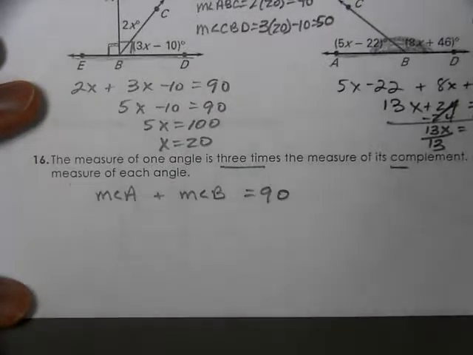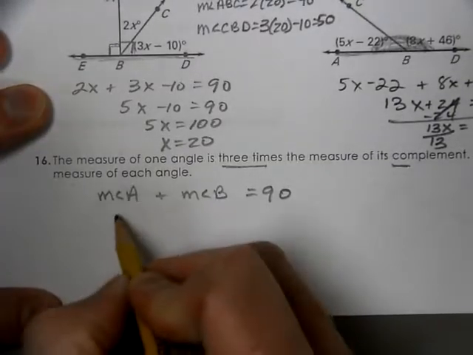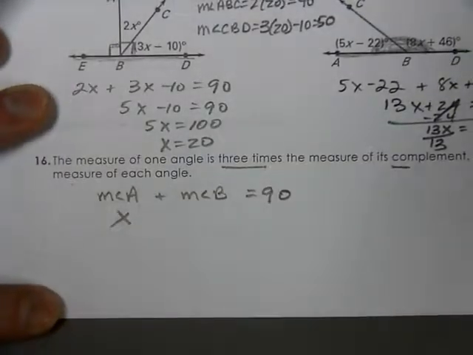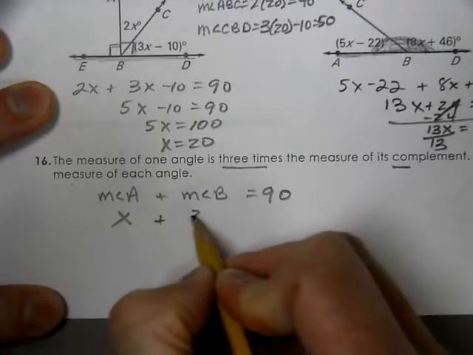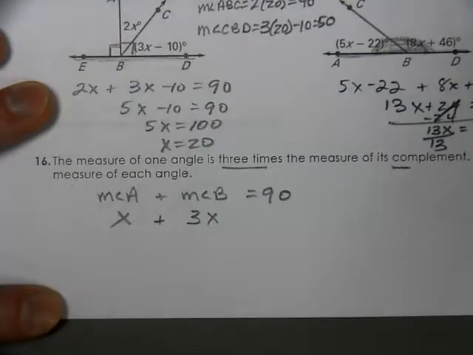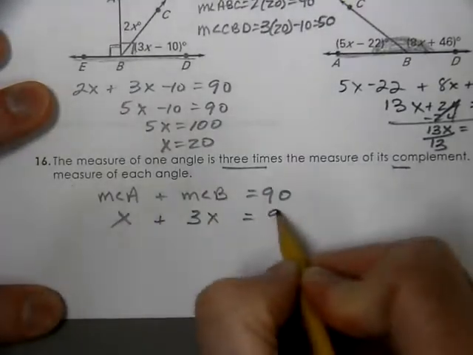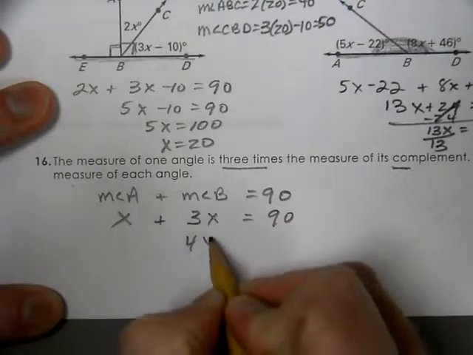Some set of numbers is going to be adding up to 90, and one number is 3 times bigger than the other. Well, if I need to figure out the number, and the other one is 3 times that amount, that gives us 4x.